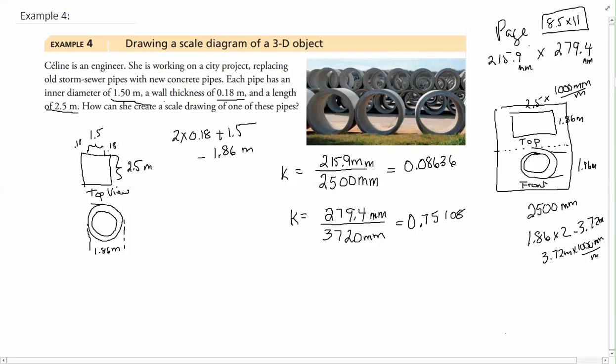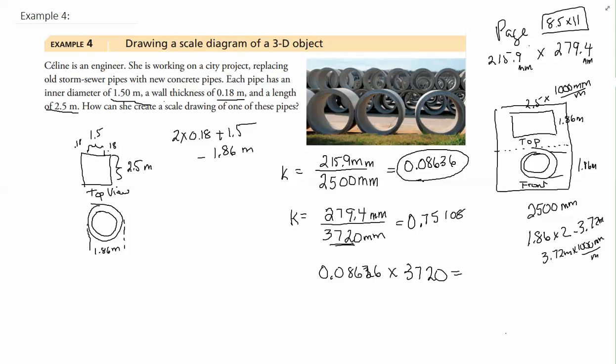And now we have to decide which one will work. Well, if I choose the larger scale factor, when I multiply my height, this value, by that larger scale factor, let's just do that, 0.08636 times 3,720 millimeters, what we'll find is it's too large.